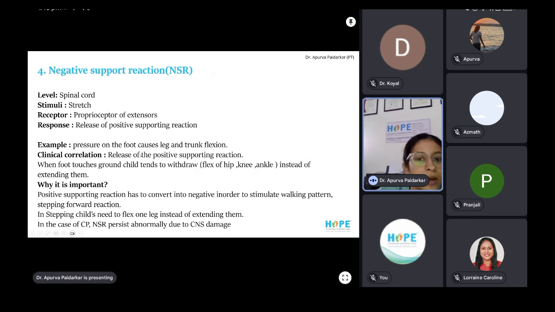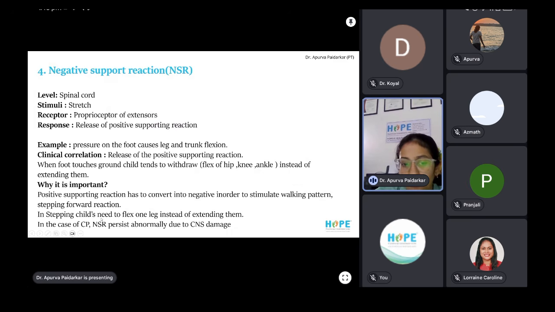Why is it flexion? Because the positive supporting reaction has to convert into negative in order to stimulate the walking pattern, that is the stepping forward reaction.